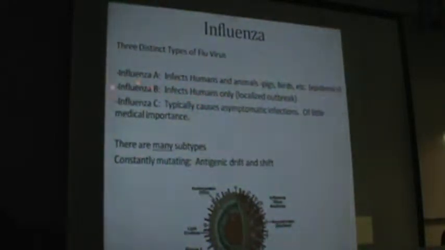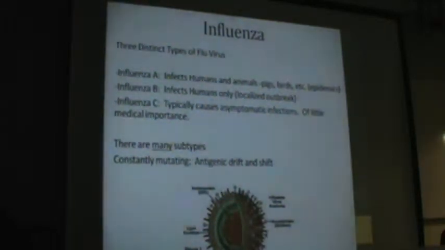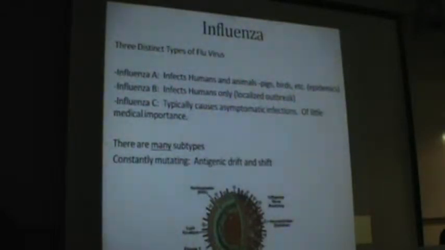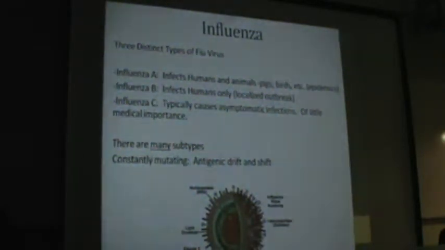You have a human infected with influenza B, and that human also gets infected with influenza A. They get both at the same time, and the 2 influenza viruses start swapping genetic material, and that can create a super virus. It happens about once every 100 years, if I remember correctly. But even without that swapping of material between the different viruses, influenza A or B or C just changes. Its genetic material is constantly changing because it's constantly trying to outsmart your immune system, basically.